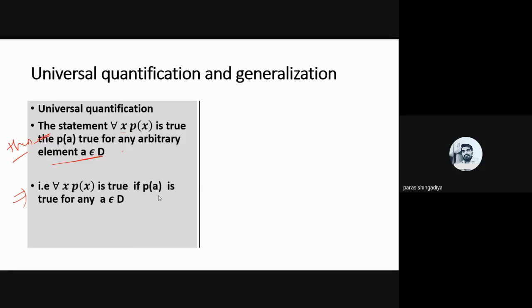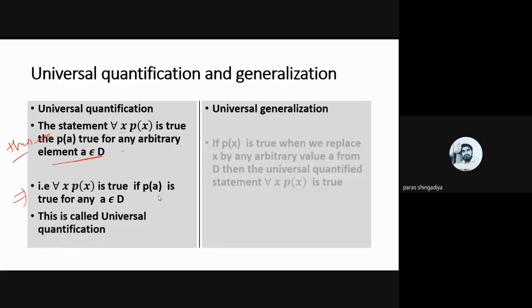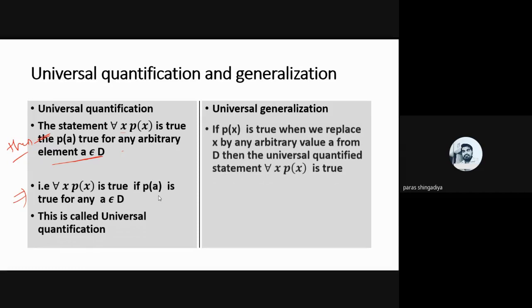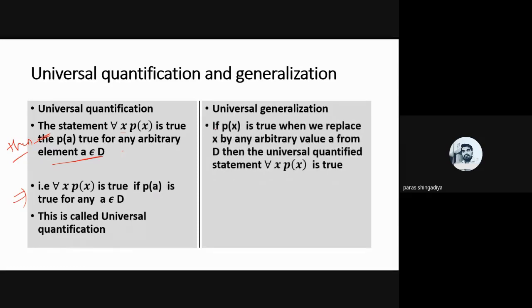And now for generalization, it's the reverse. So what is the meaning of that? The universal generalization is this: if P(x) is true, and when we replace x by any arbitrary a belonging to D, then the universally quantified statement "for every x, P(x)" is true.